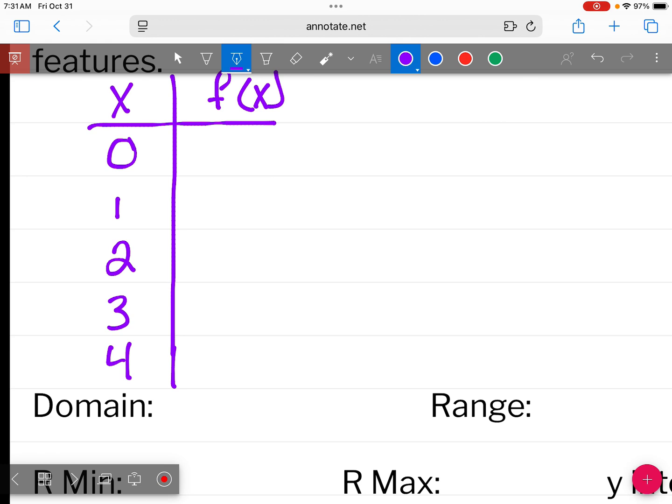If we can't tell what's happening, or if we can't tell where things are turning around, pick a couple other numbers.